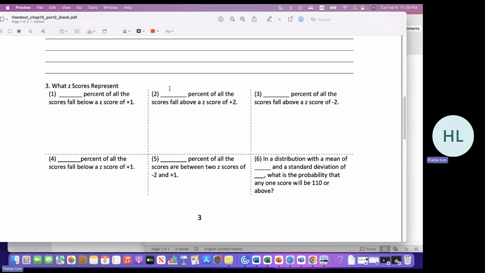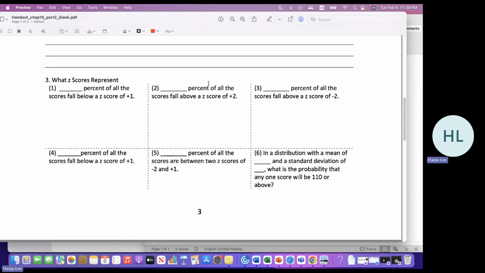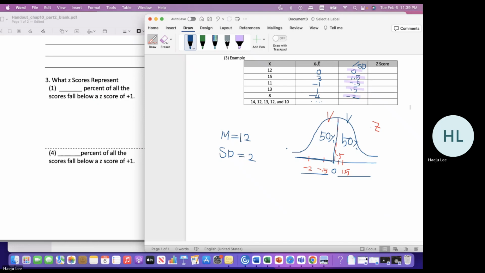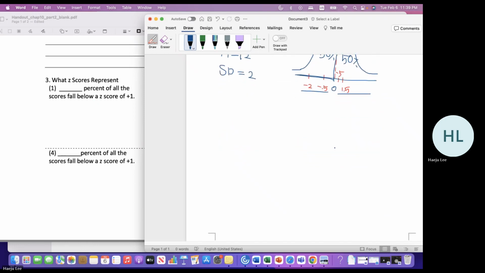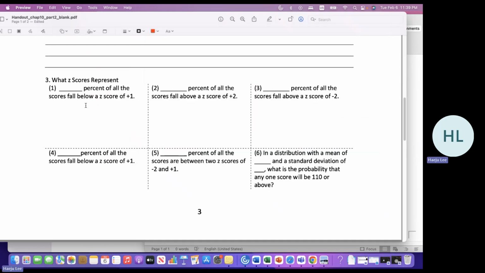So I will give you one example. What percentage of all the scores fall below a G score of plus 1?